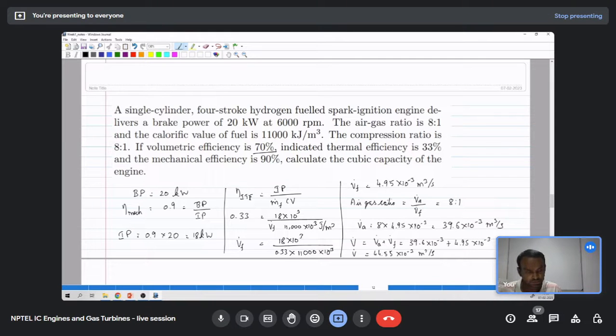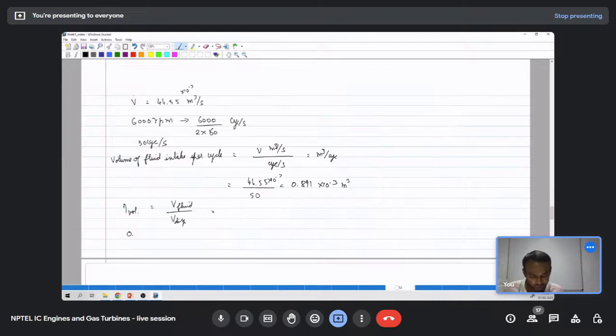Volumetric efficiency is given as 70%. So 0.7 is equal to the volume of fluid, 0.891 into 10 power minus 3, divided by displacement volume, which is what we have to find. So V displace is 0.891 by 0.7 into 10 power minus 3.